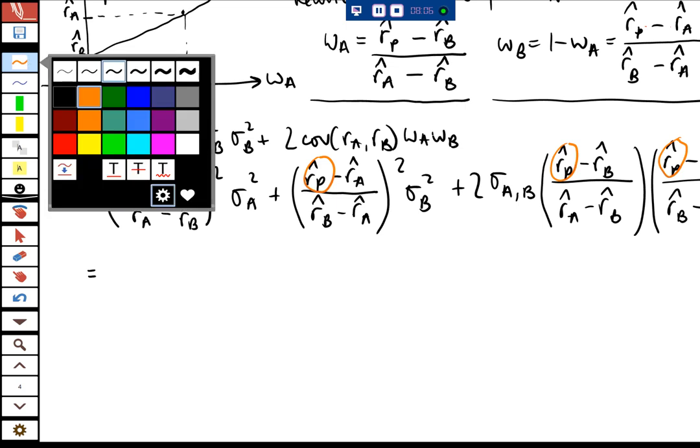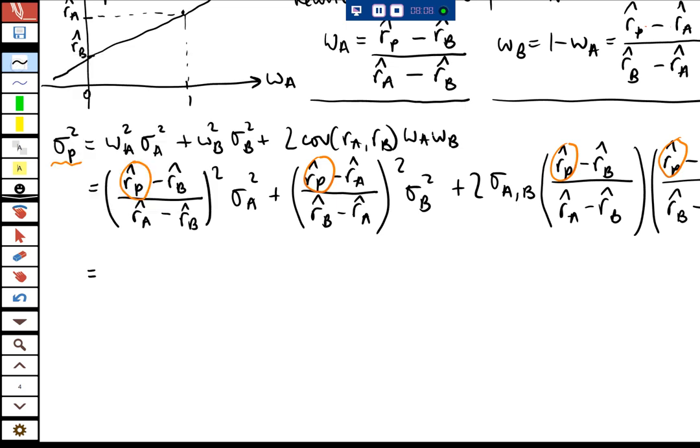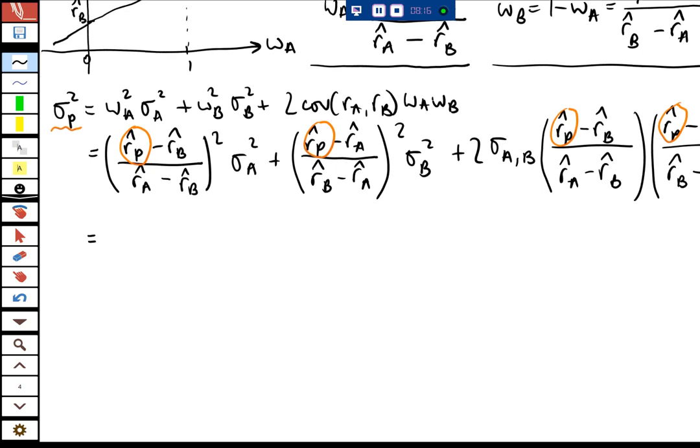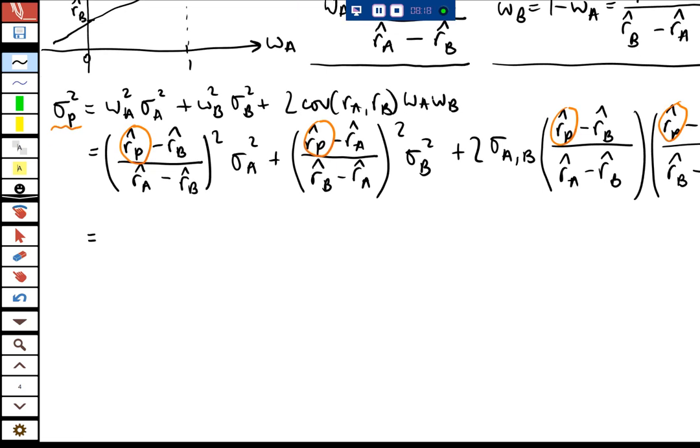Okay, so there's a lot of multiplying out. I'm not going to go through all the multiplying. I'm just going to do it on a separate bit of paper and save time and space. So if you multiply all those out, you will get the portfolio standard deviation is the square root of the following.